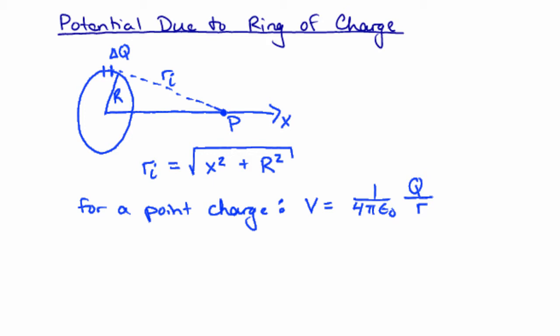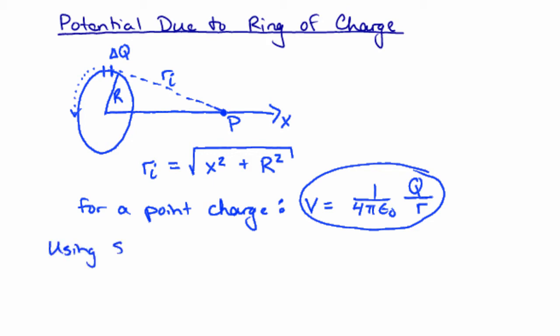We'll utilize this to sum up all of these tiny pieces all the way around to determine the potential at point P due to the entire ring of charge. We'll start by using sums, then I'll show you how to do this using integrals as well.